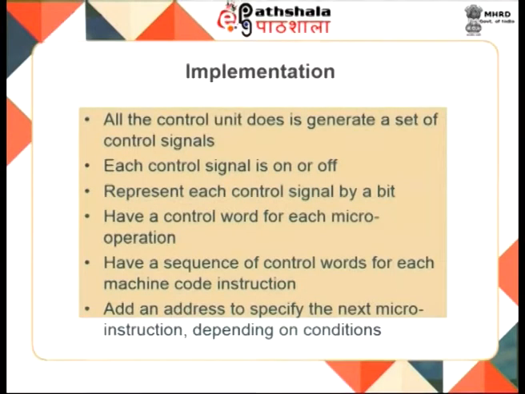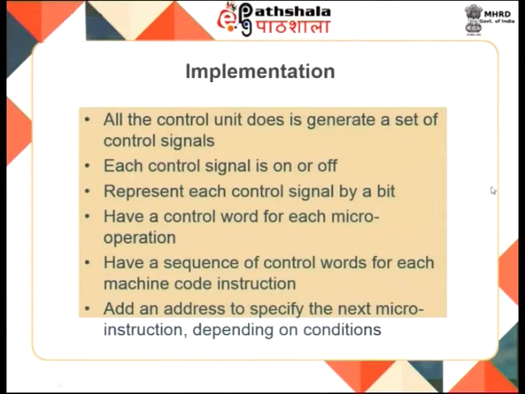So, there are certain control signals that will have to be generated at certain instances of time. All that remains the same whether it is going to be hardwired control or microprogram control. The difference lies in how these control signals get generated. In the case of hardwired control, you make use of gates, hard digital logic, in order to generate your control signals. Whereas in the case of your microprogram control, you have control words.